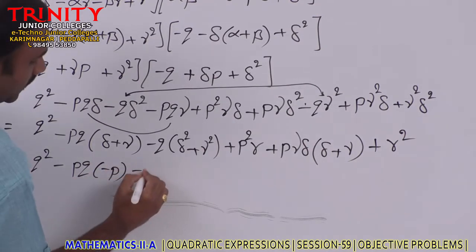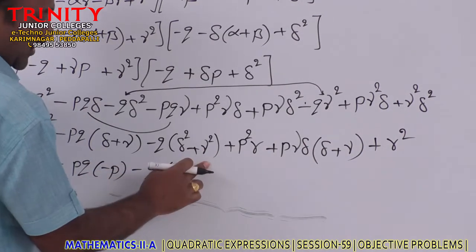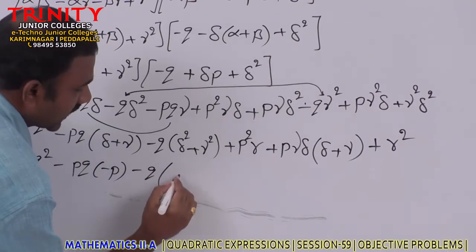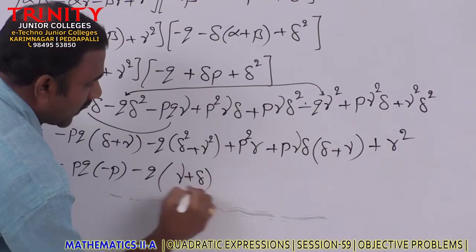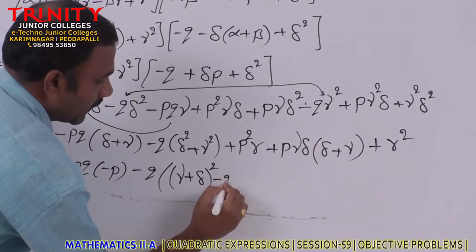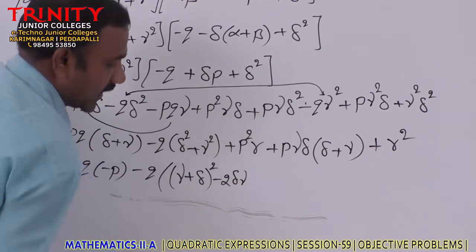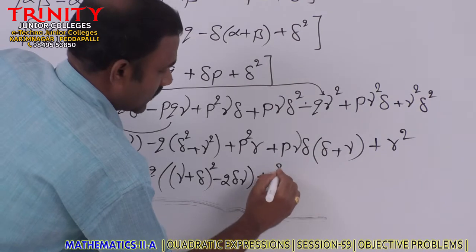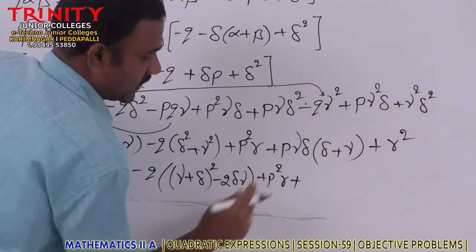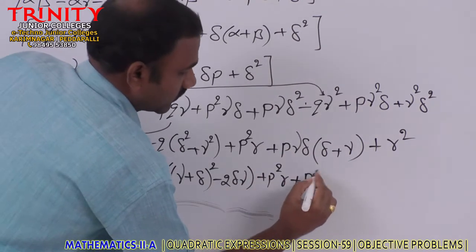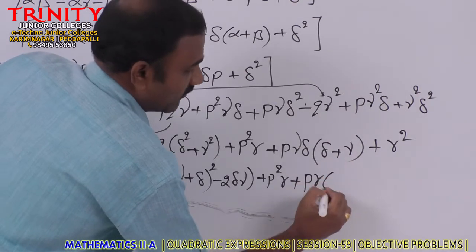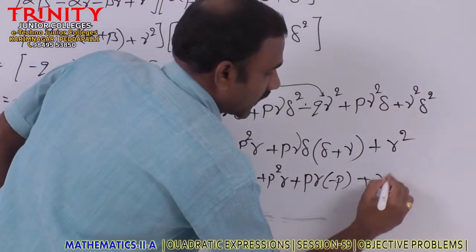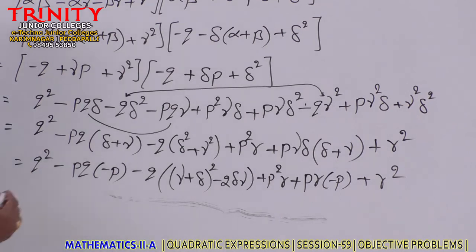Then next, minus q into gamma square plus delta square. We can write it as gamma plus delta whole square minus 2 gamma delta, plus p square r plus p, gamma delta value r, gamma plus delta value minus p, plus r square.